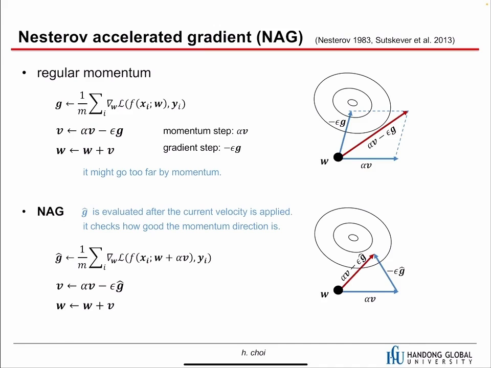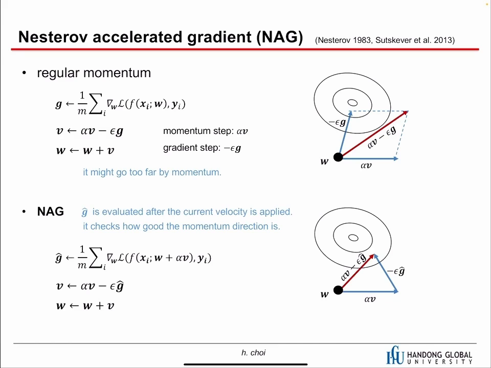There is another popular momentum, which is Nesterov accelerated gradient, which in theory is more attractive than the simple momentum. But when we apply it, in my experience, it's almost the same as simple momentum.